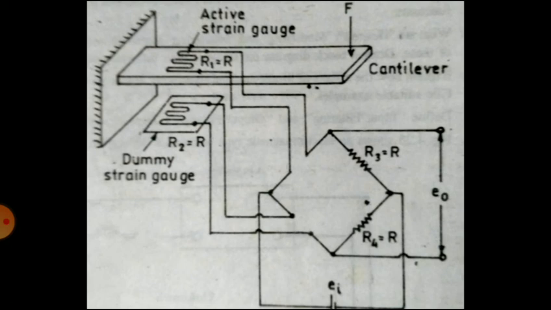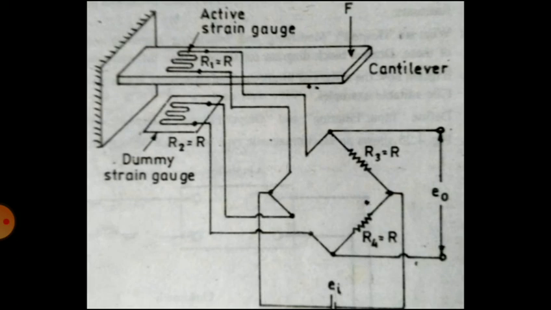So on the top you can see R1, a strain gauge that is placed on a test specimen on which strain is applied, and R2, a dummy gauge, is installed on a like piece of material, the same material, but it is placed separately and is not subjected to any strain. So strain is not applied on the dummy strain gauge.